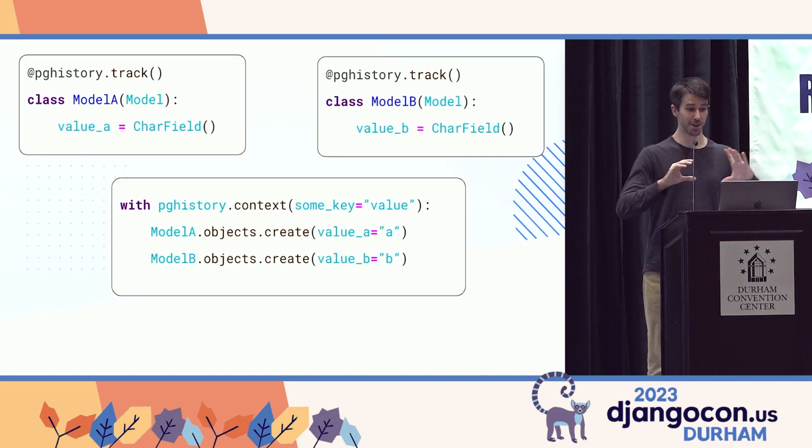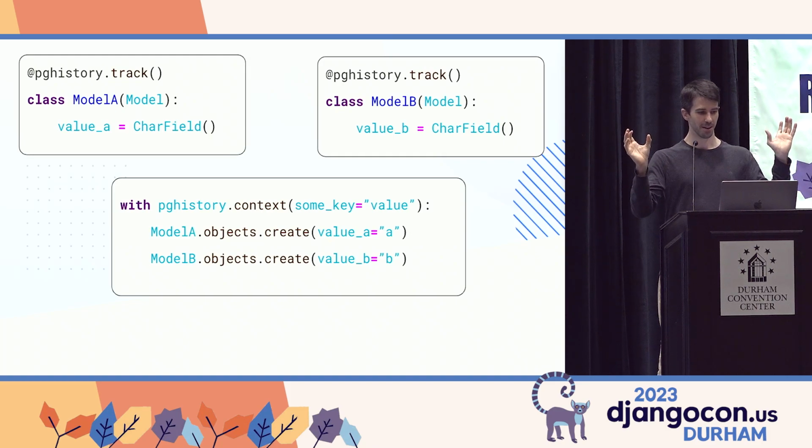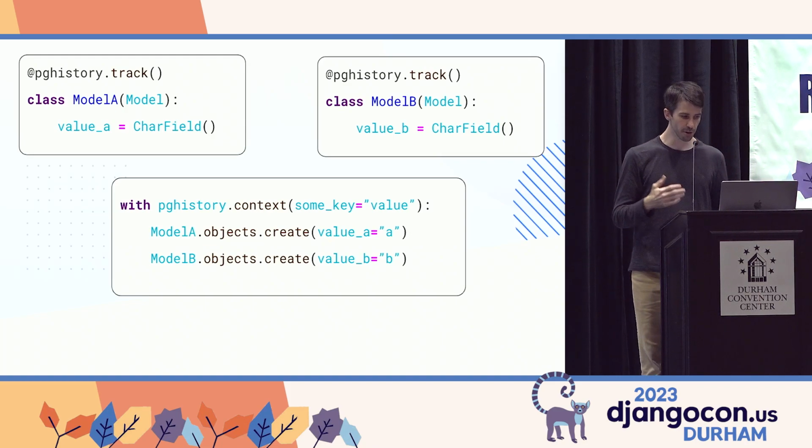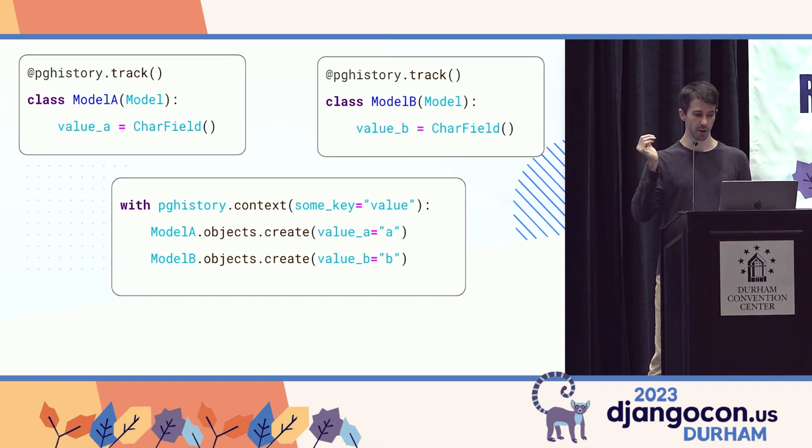Let's imagine we have two different models, model A and model B. We're tracking them both, and they have separate event models. In order to use context tracking with PG History, you go into the context manager and add whatever key value pairs you want to associate with any events that happen within that context manager.